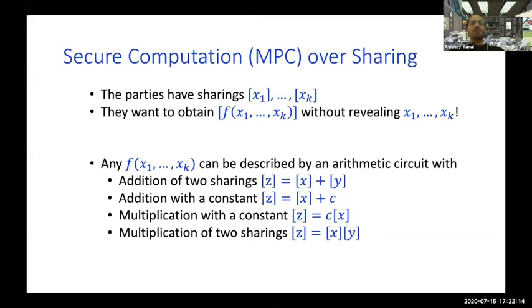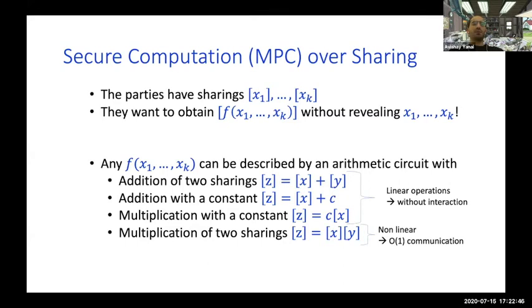In the context of MPC, we distinguish between linear operations and nonlinear ones. Addition of 2 secrets, addition of a secret and a public value, and multiplication of a secret and a public value are linear operations, and these can be performed without any interaction between the servers. On the other hand, multiplication of 2 secrets is nonlinear, and this requires communication between the servers.